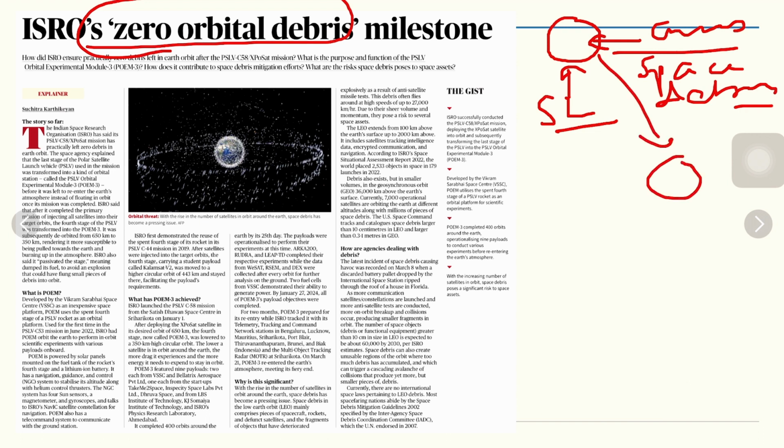Once a satellite goes out of business, it is left unused and just keeps rotating or revolving around the orbits in which it was installed. So now once a country wants to push a new satellite into those orbits, it becomes difficult for them to do so.